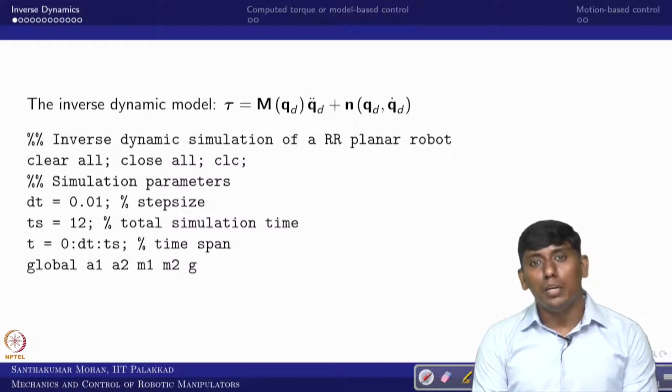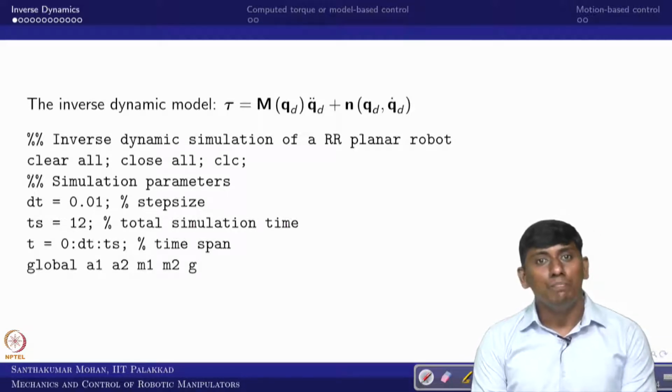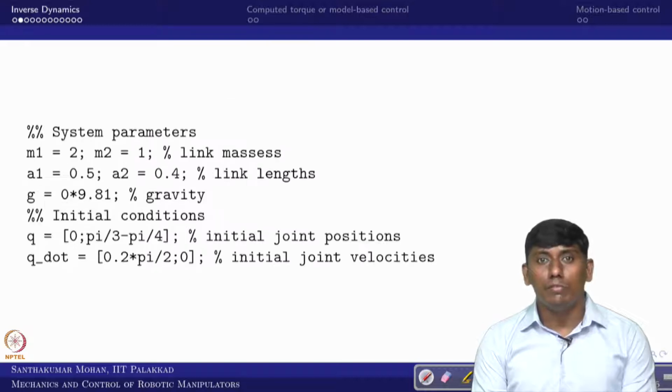Similarly here M1, M2, G and A1, A2; instead of L1 and L2 we use A1 and A2. These are global. Further, we assume the total simulation time is 12 seconds and the step size is 10 milliseconds, and the time span goes from 0 to TS. These we have conventionally seen.